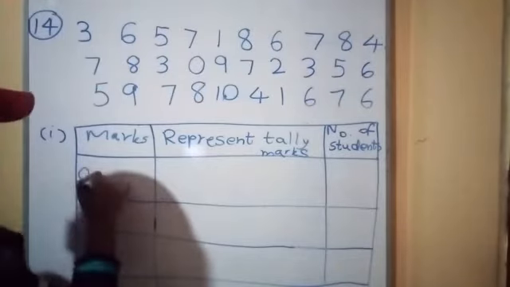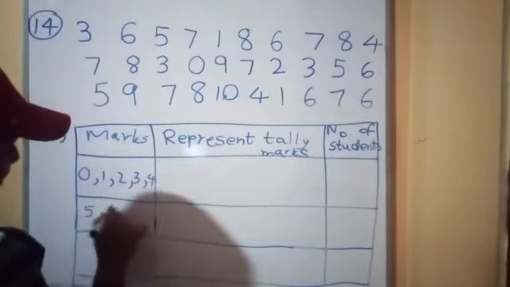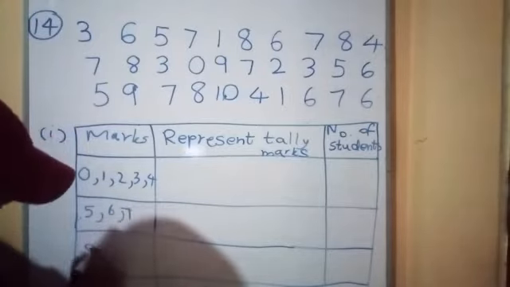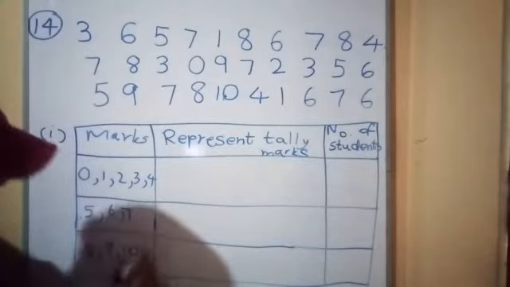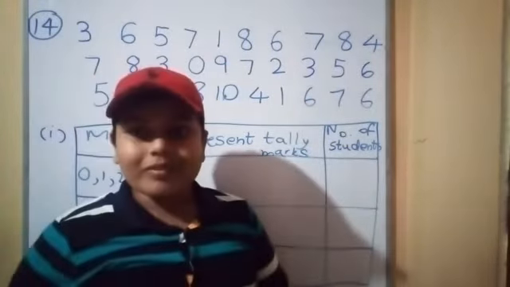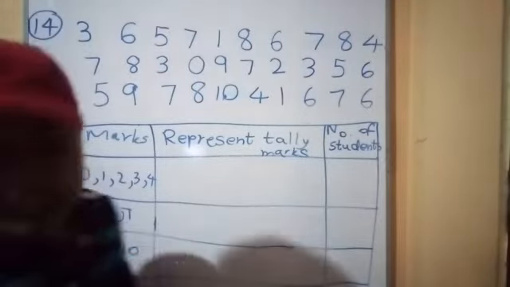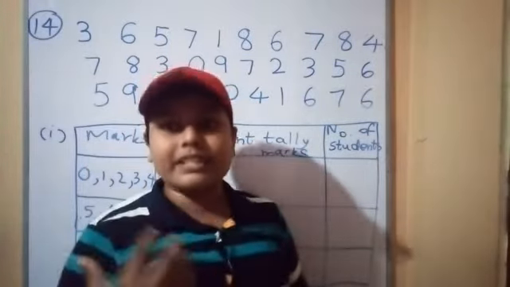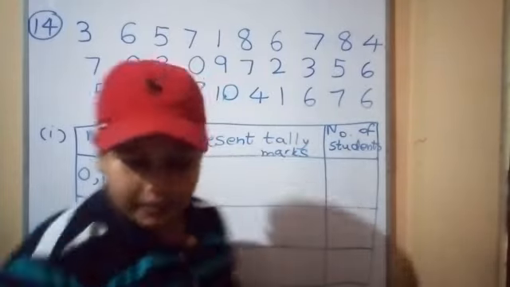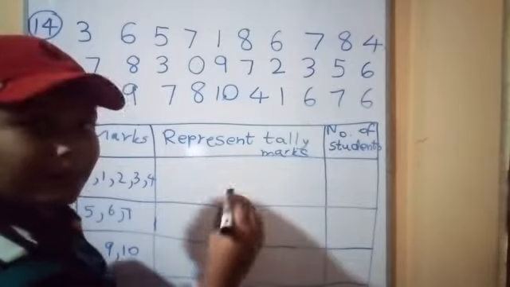Now there are 0, 1, 2, 3, 4, 5, 6, 7, 8, 9 and 10. Okay. Let's represent this data in the following table. Now tally marks in black color.